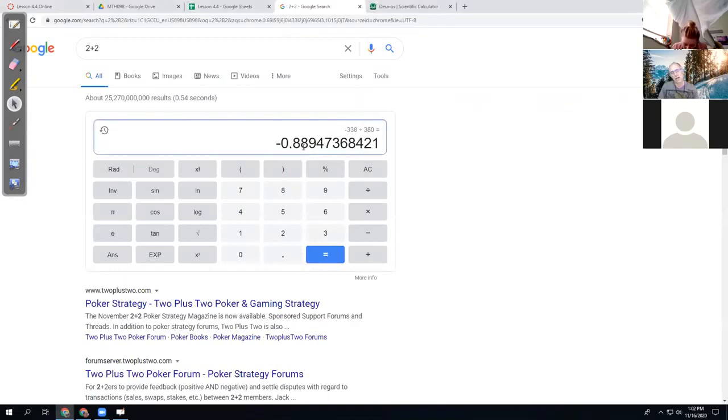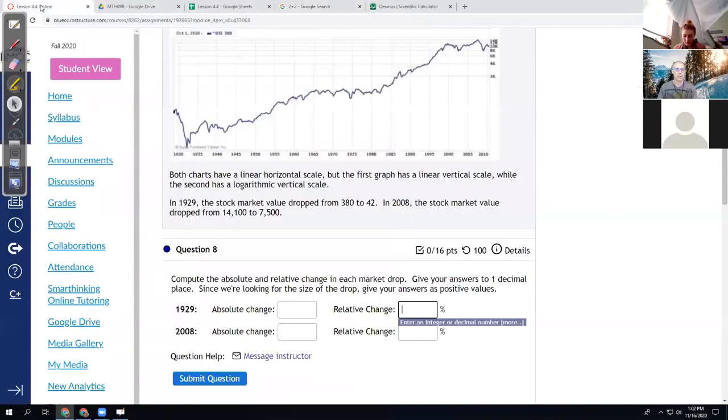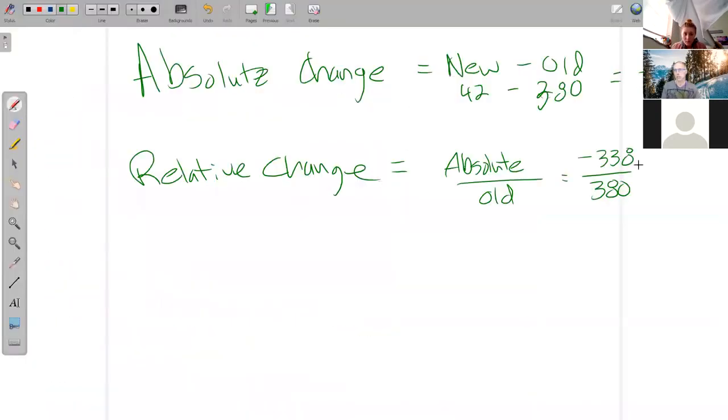And so I get around 88.9%, to the nearest tenth of a percent. That's a pretty big percent drop. The stocks dropped by almost 90%. It was catastrophic.